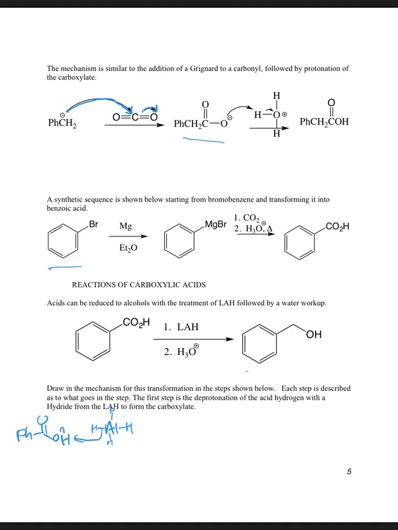So the first equivalent of hydrogen off of LAH, we're going to remove the acid hydrogen off of the benzoic acid to make the benzoate. Well, wait a sec. It wants me to do it stepwise. So we'll form the carboxylate.